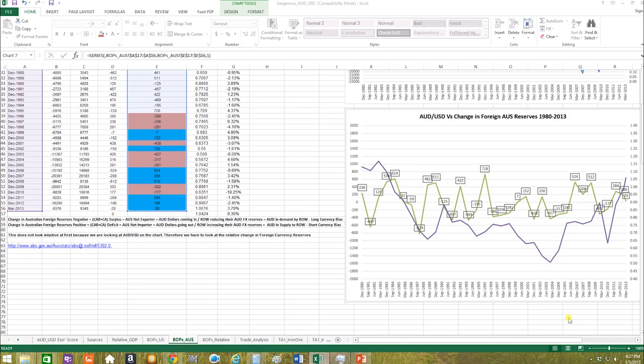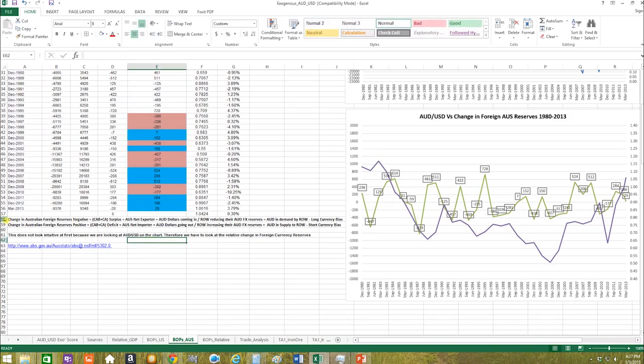And we're going to be linking all of that together in a moment. But let's have a look and remind ourselves of what's going on with the Australian trade data. The Australian trade data we treat in exactly the same way as the US trade data.